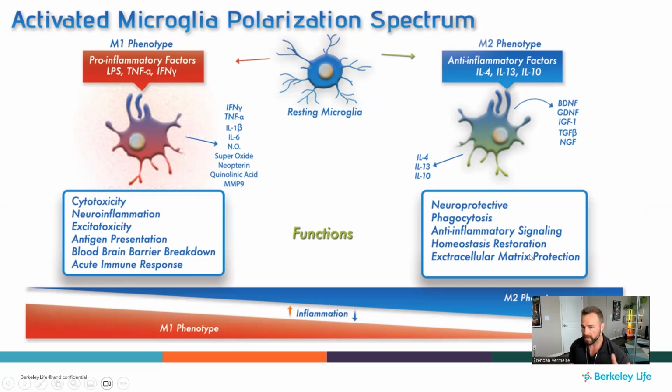So under normal physiological conditions, we have these resting or quiescent microglial cells, and they're really just patrolling. They're moving around your brain. They're patrolling the environment, surveying the milieu and the microenvironment to make sure that there's no foreign invaders or any inflammatory activity going on. So they're there to basically be the sentinels and the guardians of the central nervous system.